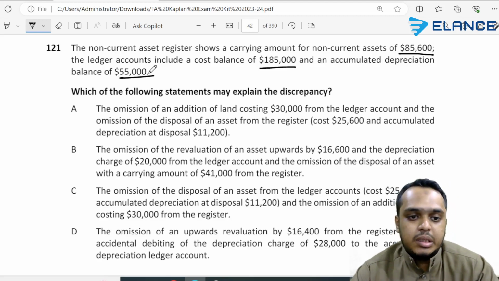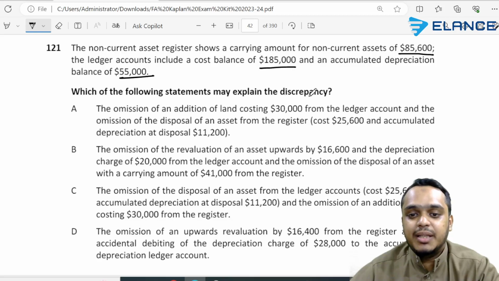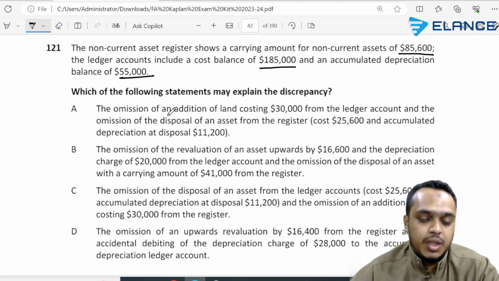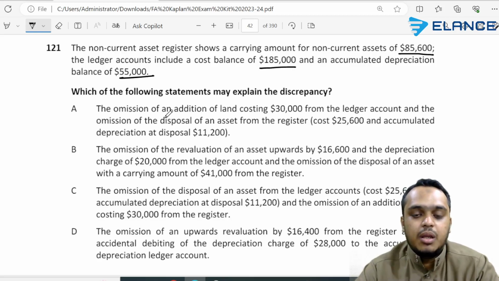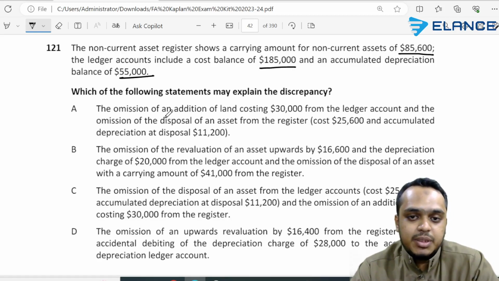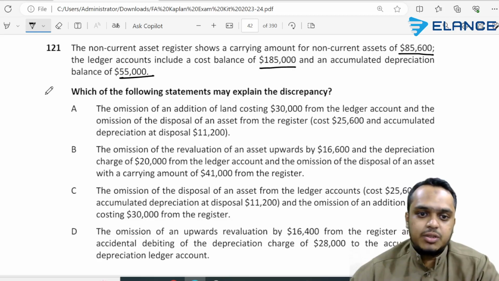So the question is just a three-liner question. Now he's asking which of the following statements may explain the discrepancy. So here there are four options. Now these four options, what we need to do is apply these four options and find out why there is a difference between the two. So let us get started with solving these questions.